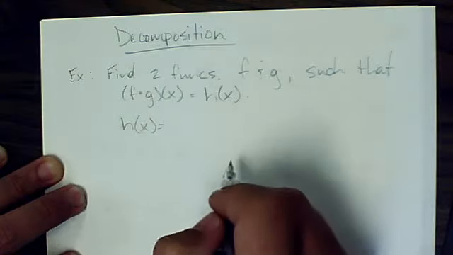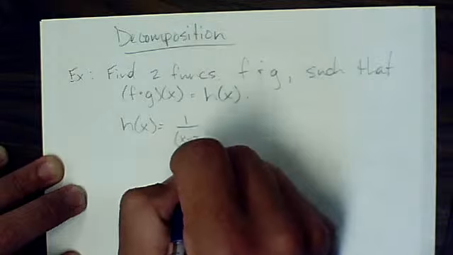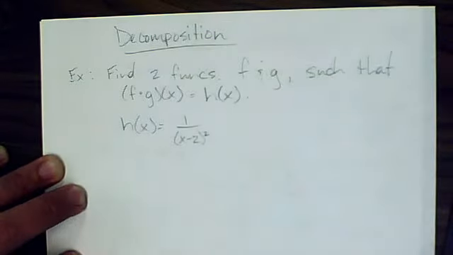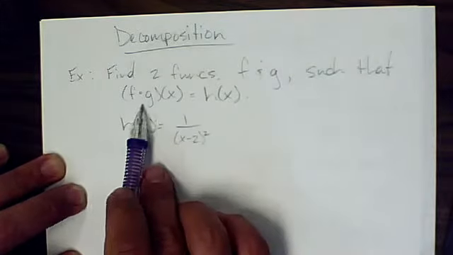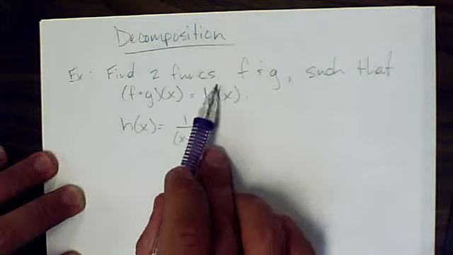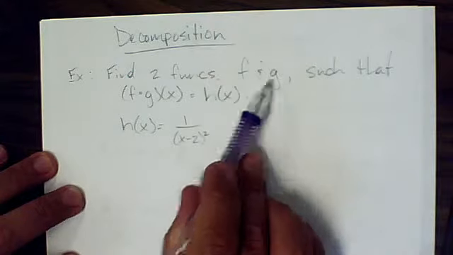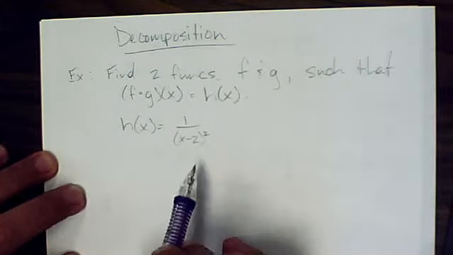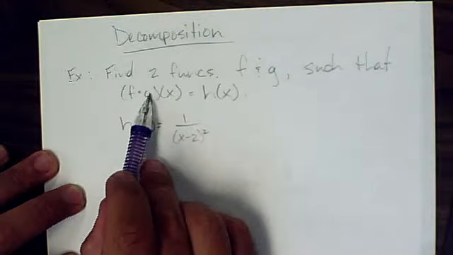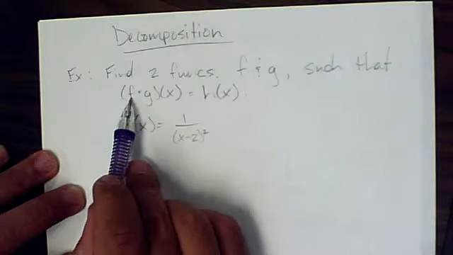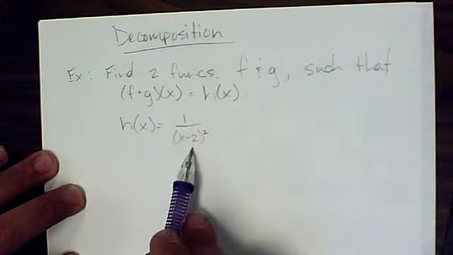So in this case, we're going to use 1 over x minus 2 squared. Find two functions, f and g, such that f of g of x is equal to h of x. So you're given h of x, and you're going to find f and g, the f function and the g function. Now, the g function is the input, and it's going to be plugged into the f function to get h of x.